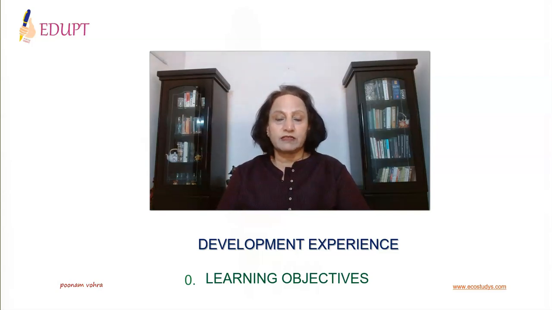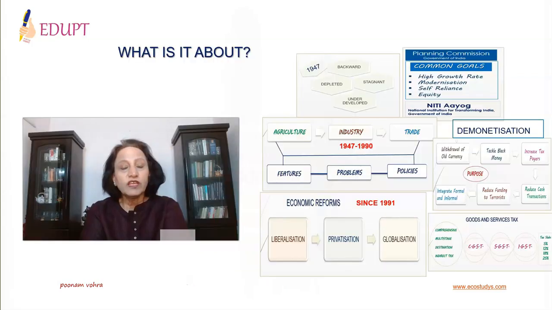On the eve of independence, the Indian economy was in a very bad shape. It was subjected to targeted exploitation of all the sectors by the British government with the aim of economic dominance.